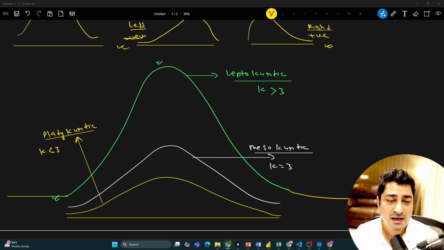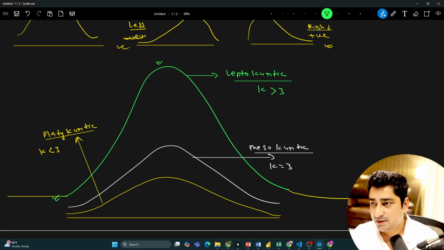It will have a heavy tail, and it is tall and sharp, with the tallest and sharpest peak, as you can see over here. What is it going to represent? It represents most chances of an extreme outlier.